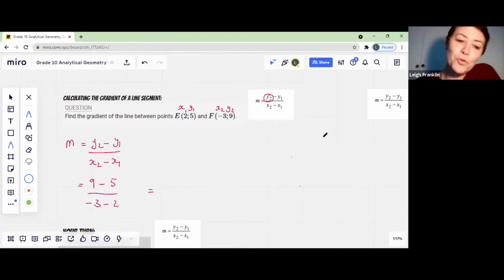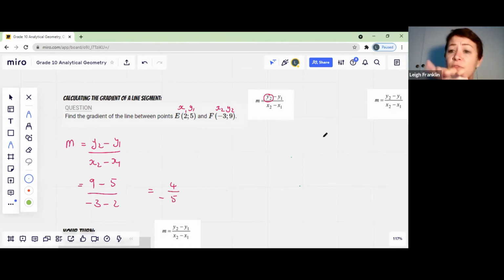I'm just asking you to work out the value of the numerator for me, please, Katlego. So 9 minus 5... Cool. Yes, good. Well done. And what am I going to get in the denominator, Katlego? -5. Indeed. Now can you see this gradient is a negative gradient?